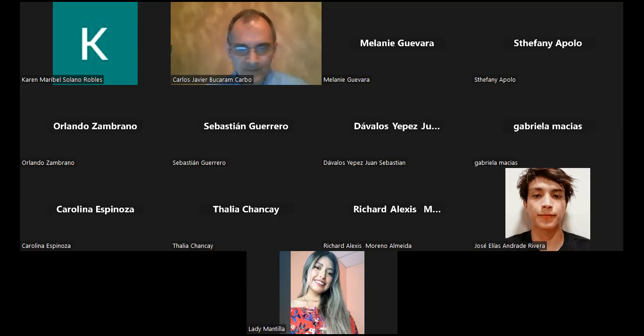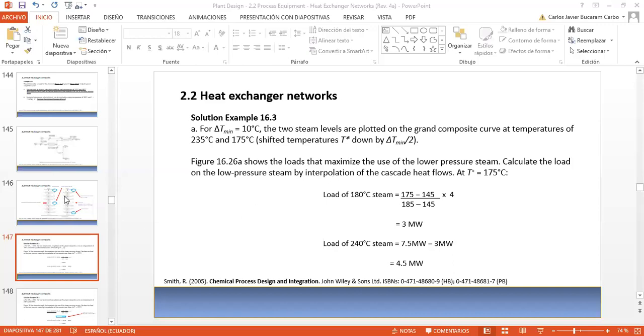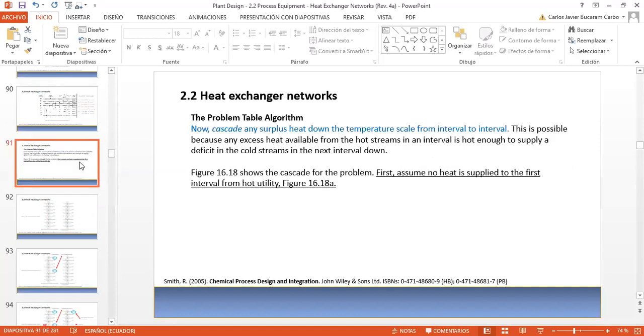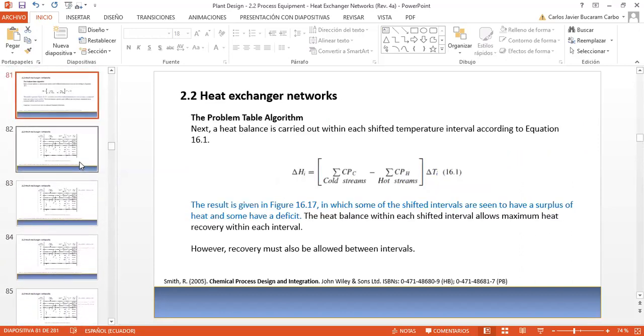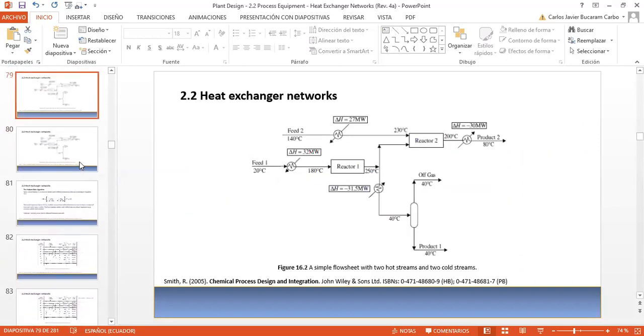We can find our slides. So these are our slides, and towards the end of our last class, we discussed the topic of the problem table algorithm.